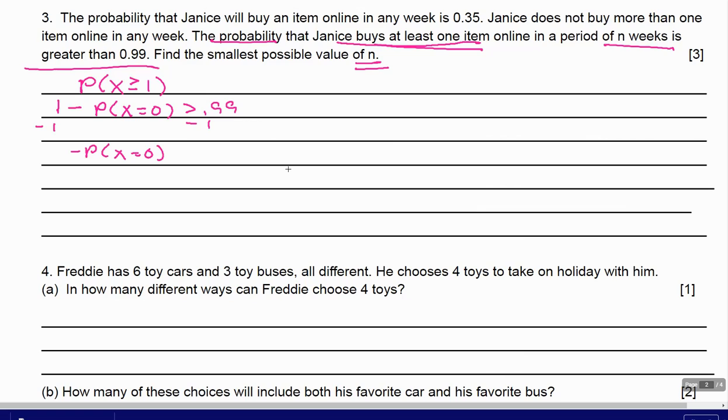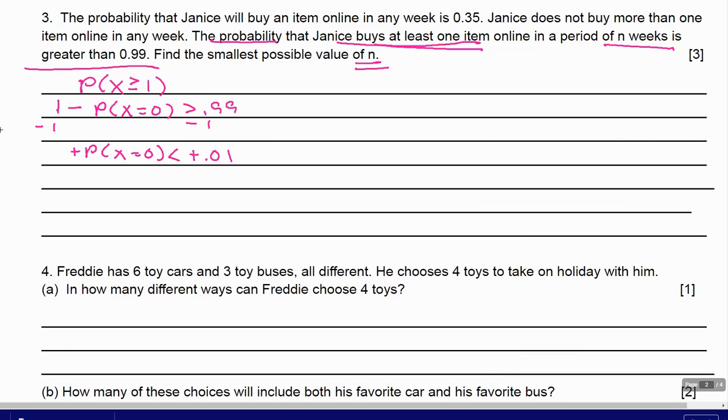Minus 1? All right, now I'm going to divide both sides by -1 or multiply both sides by -1. This is going to become positive and this is going to become positive, right? However, when I divide or multiply both sides of an inequality, I have to switch the sign. So now it's going to be less than. Yep?